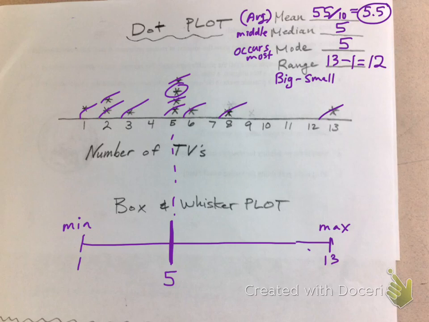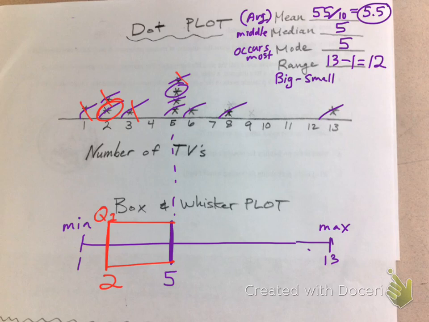So watch what I do. I'm going to cross off this one, and this one, this one, and this one. And that means it's that one, 2. So I put a box. I got my lower box right here. And we call this quartile 1. Q1, quartile 1. Okay?